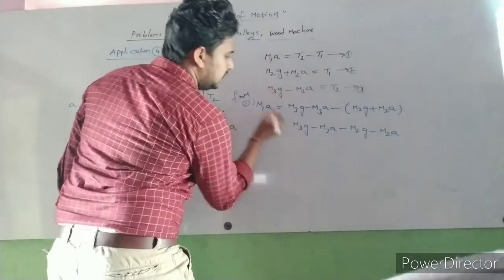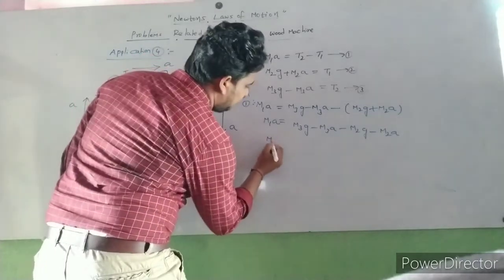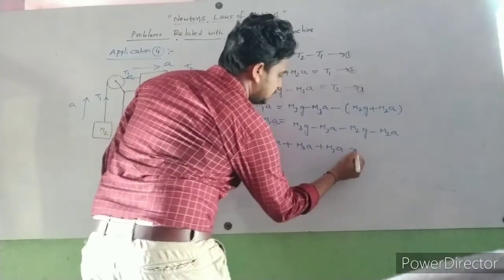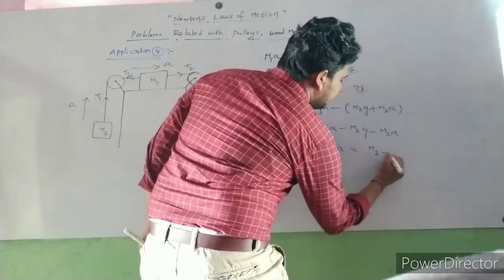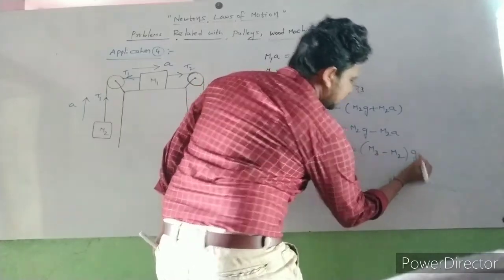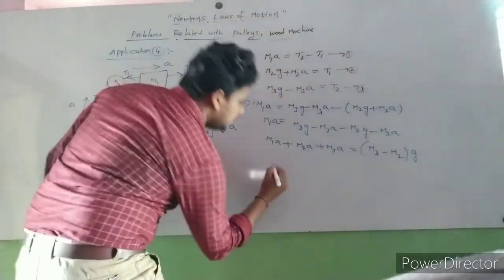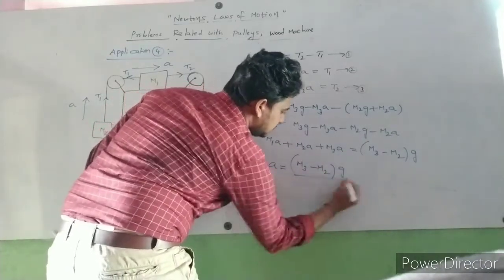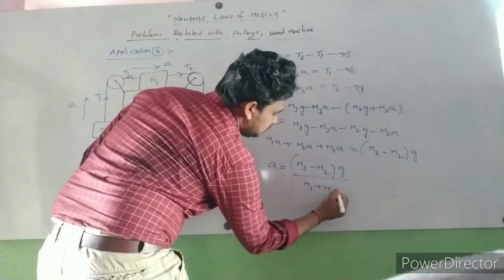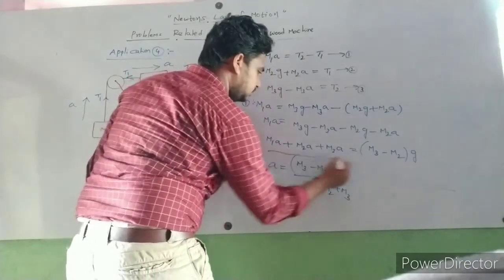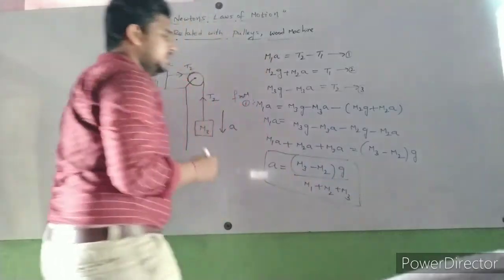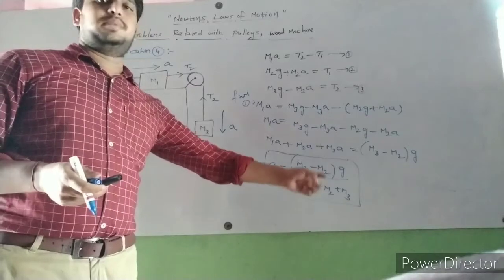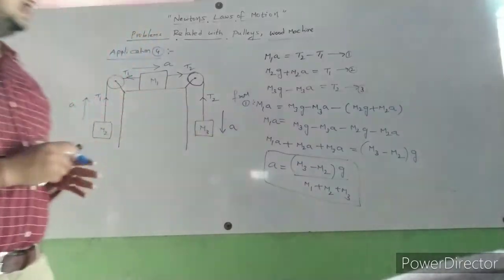So M1A plus M2A plus M3A is equal to (M3 minus M2) into G. From this, the acceleration is (M3 minus M2) into G by (M1 plus M2 plus M3). So this is the acceleration value.